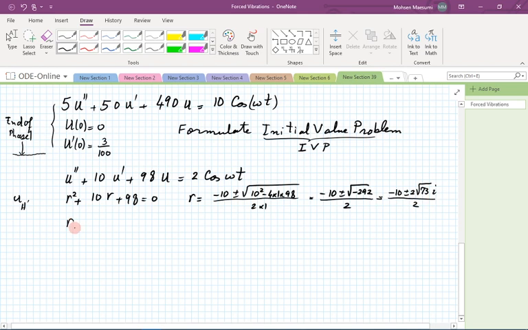So at the end of this long story, minus 5 plus or minus radical 73 times i. What does that mean? Well, it means u_H, the homogeneous solution, is the exponential of the real part times sine and cosine of this frequency: A cosine of radical 73 t plus B sine of radical 73 t.